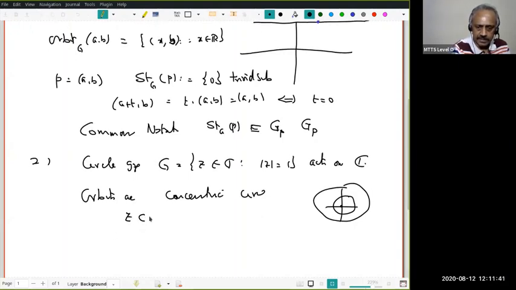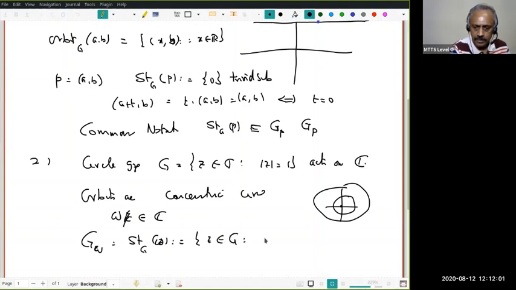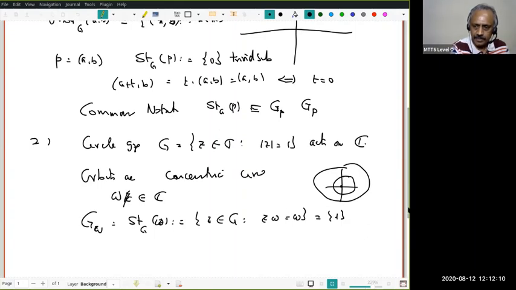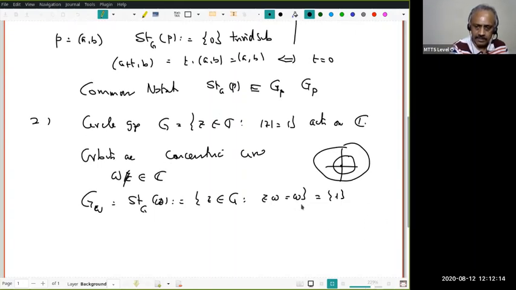Let's fix a complex number W in C, and I want to look at G_W, which is the same as the stabilizer of W. This is the set of complex numbers Z in the group so that ZW equal to W. Assuming W is non-zero, I can cancel W. Therefore, I will get Z equal to identity, so this is the singleton {1}, where 1 is the identity element of this group.